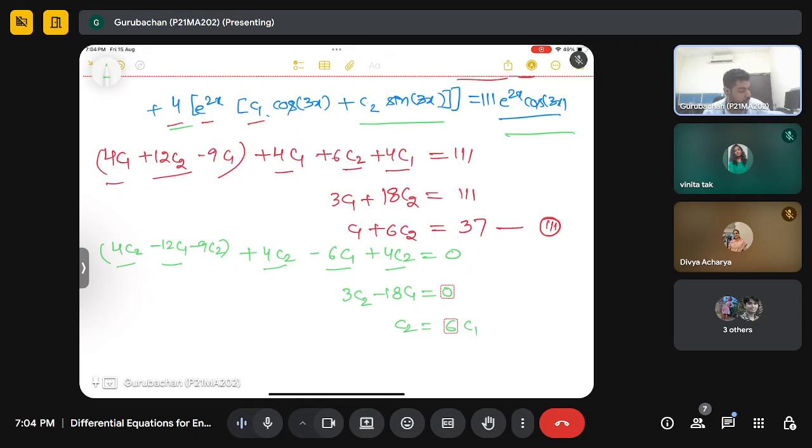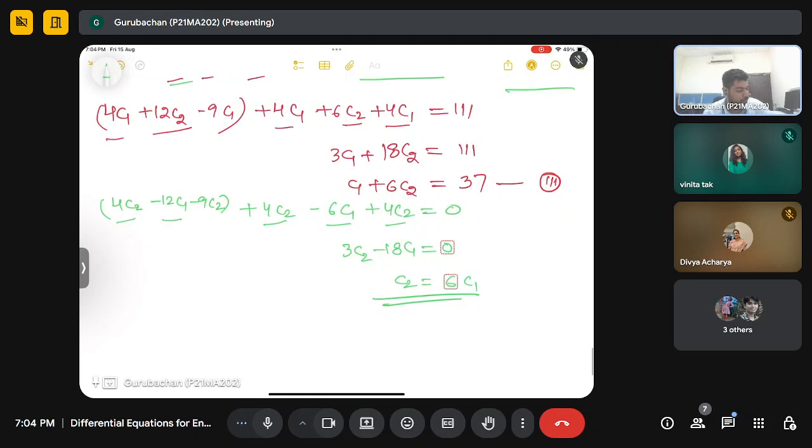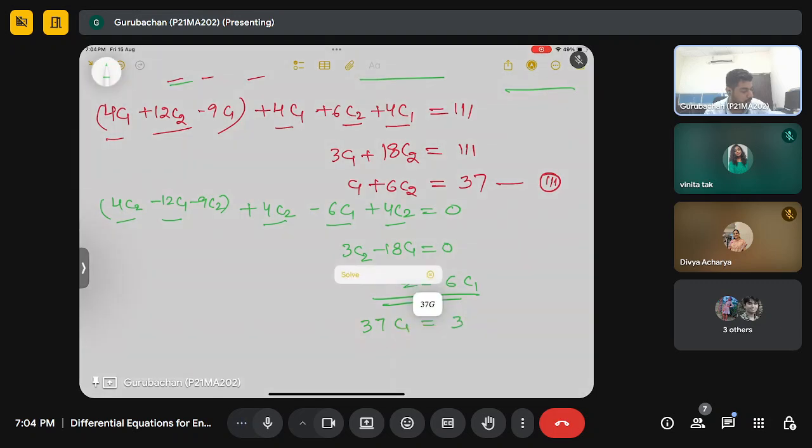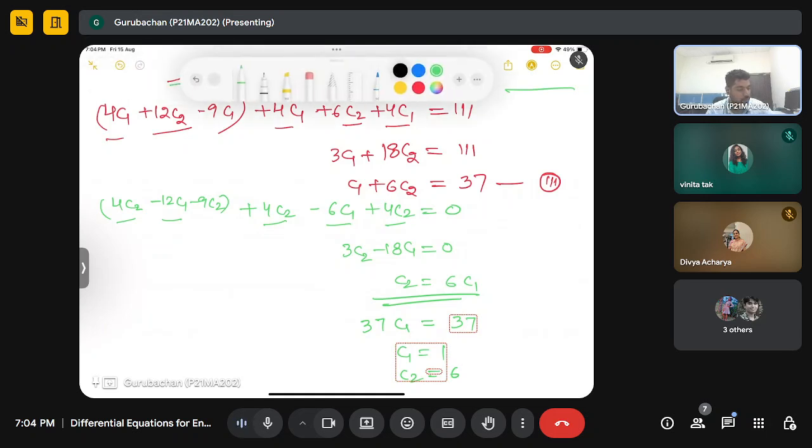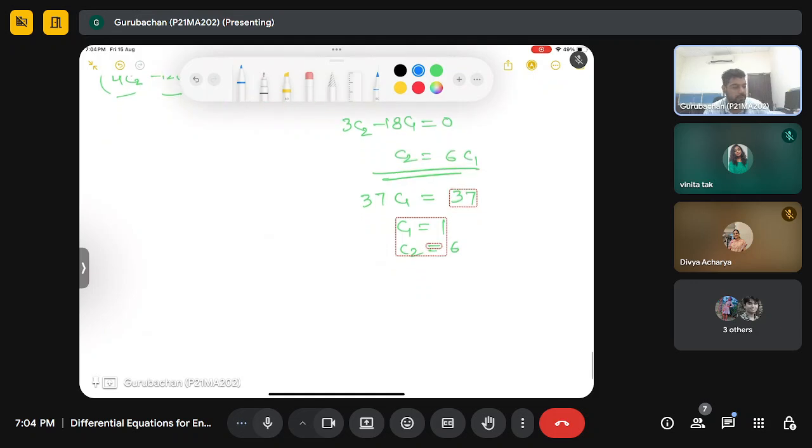And if you put this value in equation number 3, then you will get 37 times C1 is equal to 37. Then C1 will be 1 and C2 will be 6. Earlier it was looking like such a complicated expression. Now the output is simply 1 and 6.